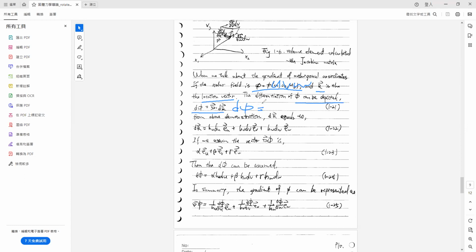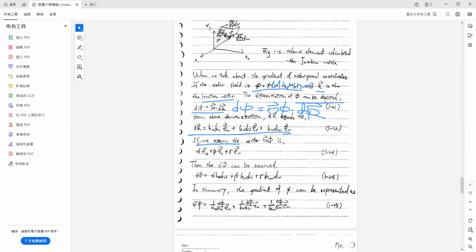Actually, it's d phi equals gradient of phi dot d vector R. From the calculation later, d vector R is HU dU vector EU plus HV dV vector EV plus HW dW vector EW.